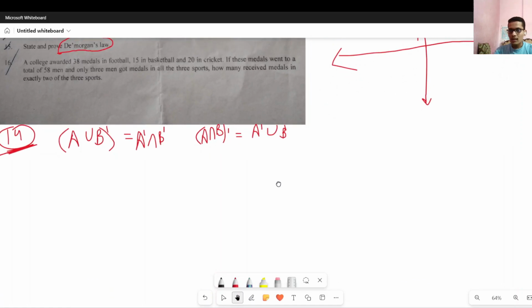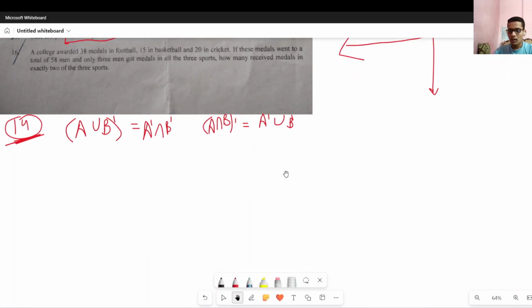Now, towards the last question, that is the question number 16. Question number 16. What is it? A college awarded 38 medals in football, so we will write here n of F, that is the number of medals in football. How many are these? These are 38.